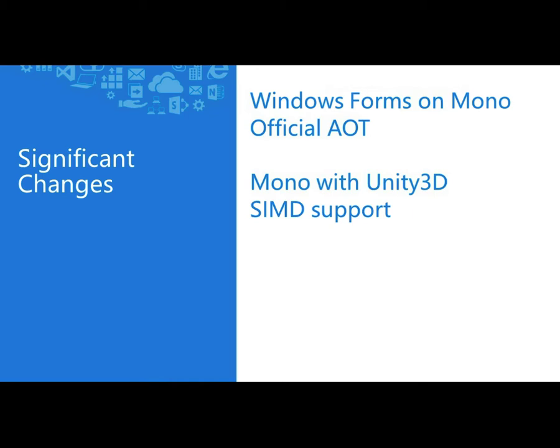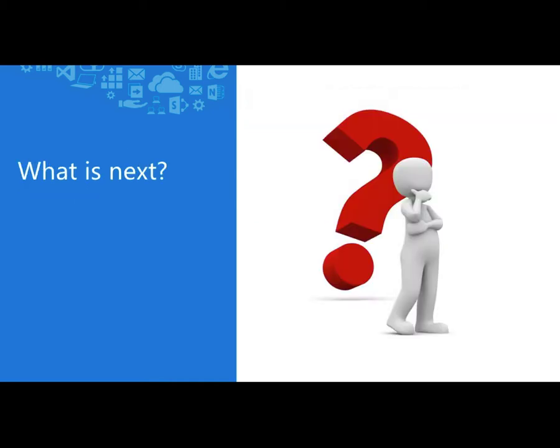And the relationship between Mono and Unity enabled a few innovations, such as single instruction multiple data support. And we can assume that after this, Mono was probably going to create libraries like WPF, WCF, Workflow Foundation, right? That should be a natural thing for the Mono project to work on.